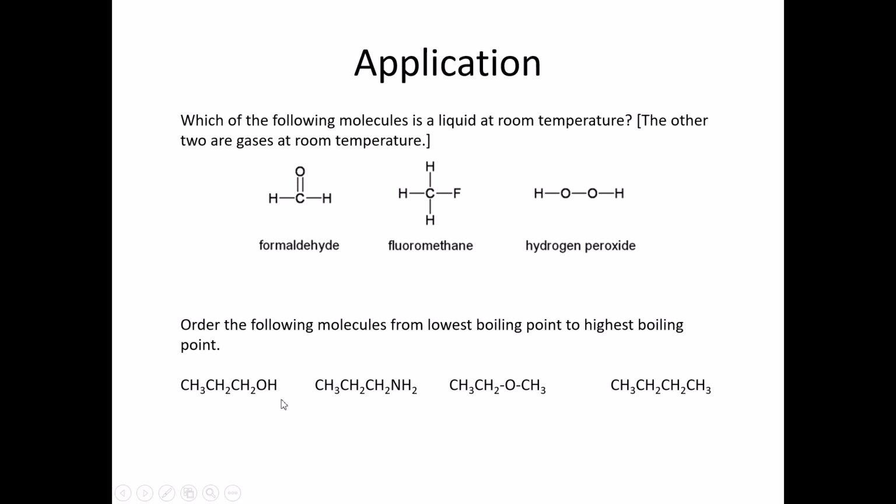So our alcohol would have the highest boiling point. Our amine group would be number 2. Our ether group with only dipole-dipole forces would be number 3. And our hydrocarbon with only London dispersion forces would be number 4. Now we can make this comparison based on intermolecular forces because their molar masses are not that different.